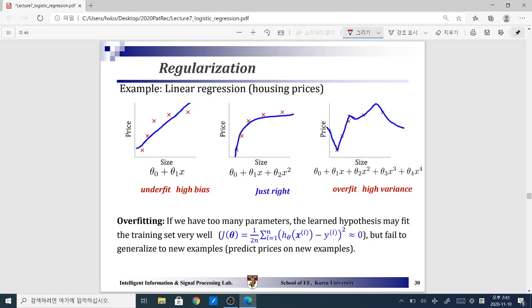That is, if you have many more parameters than, say, the number of training samples, you're going to be confronted with this overfitting problem, wherein, whenever you test using new test samples, the classification or regression performance is going to be very, very poor, which means that you have an overfitting problem.